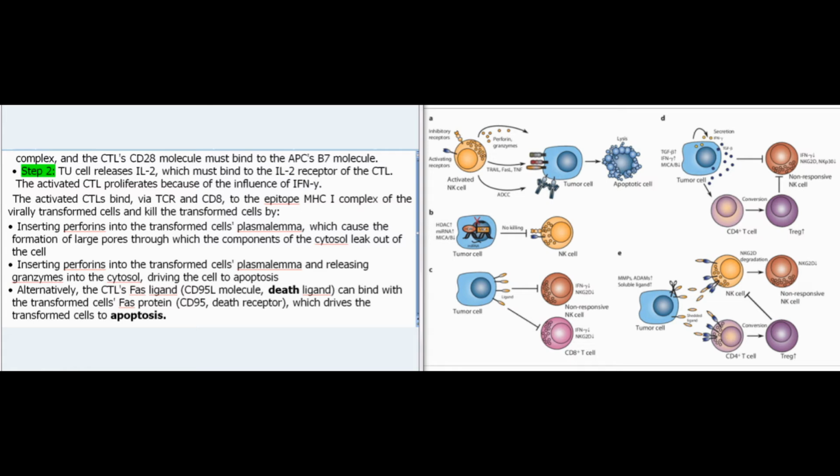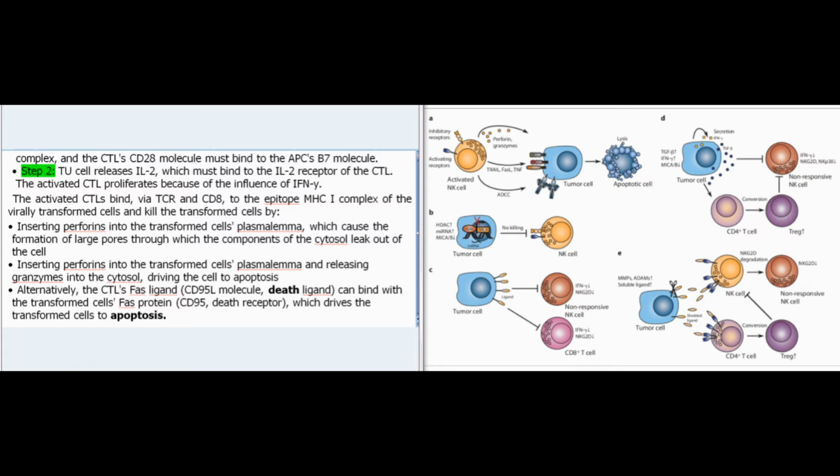The activated CTLs bind, via TCR and CD8, to the epitope-MHC1 complex of the virally transformed cells and kill the transformed cells by inserting perforins into the transformed cell's plasmalemma, which cause the formation of large pores through which the components of the cytosol leak out of the cell, and by releasing granzymes into the cytosol, driving the cell to apoptosis.